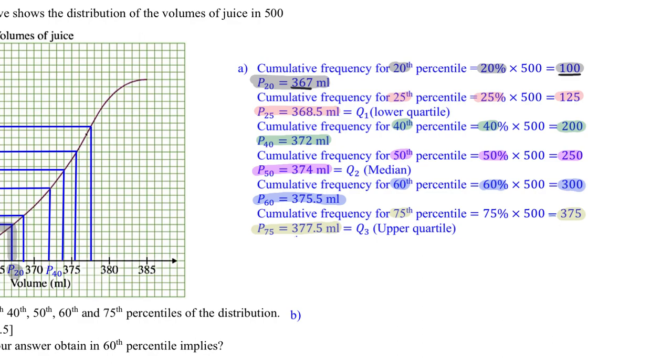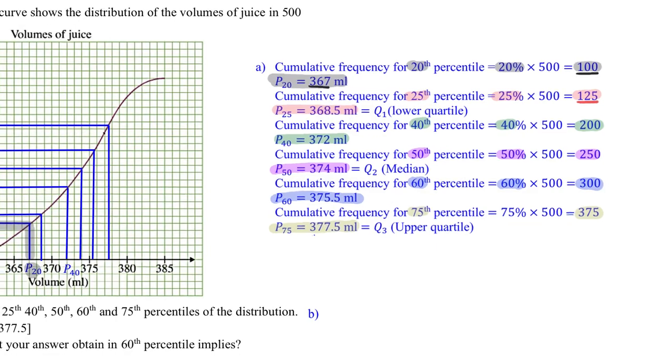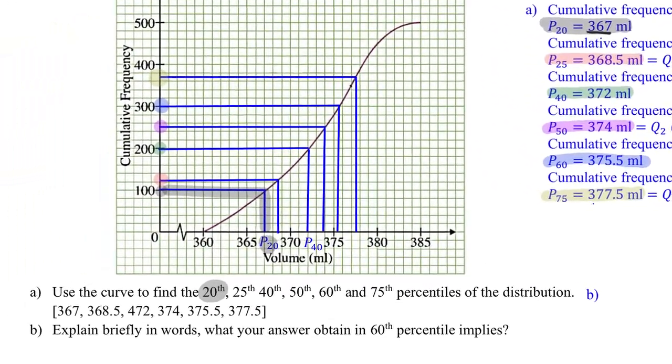That will be my 20th percentile. Using the same approach again, I first need to find where is my 25th percentile, which happens to be my lower quartile, 125. That's not the answer. Go to the graph.